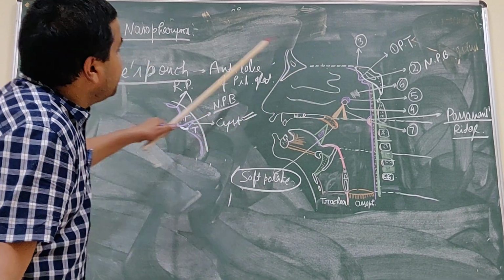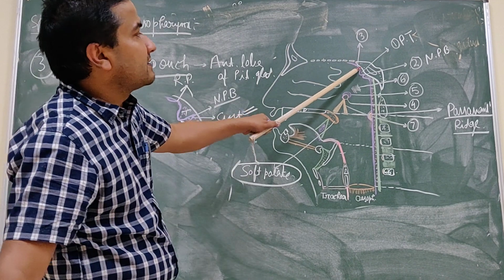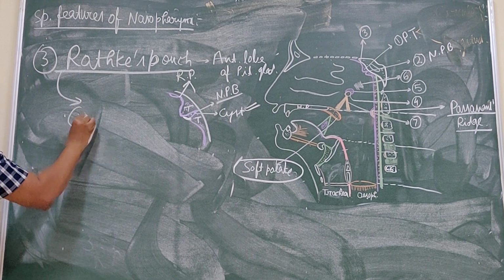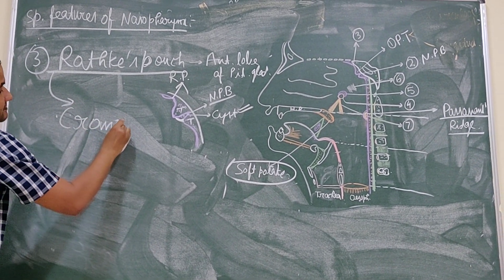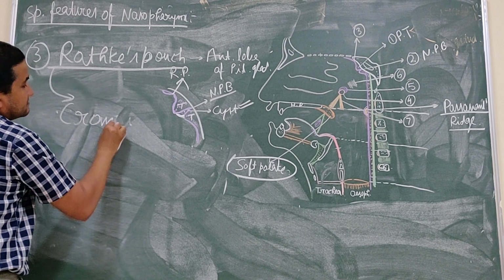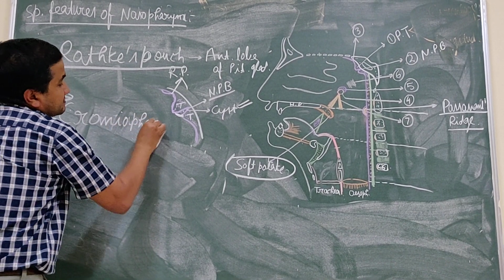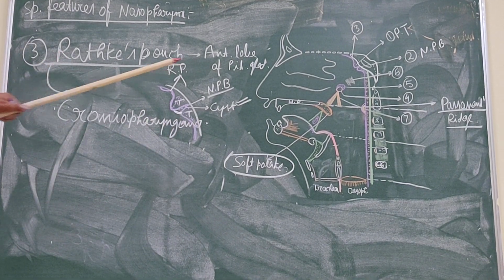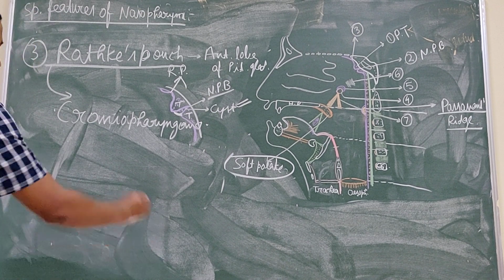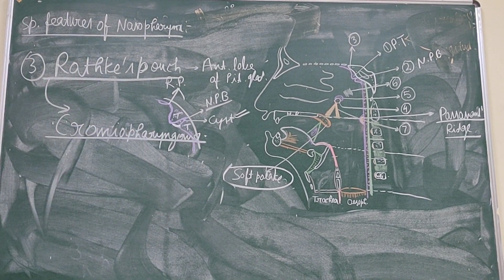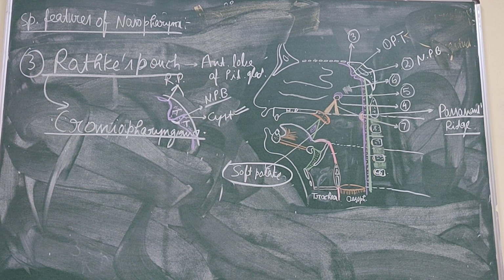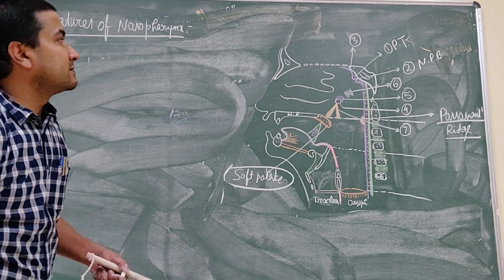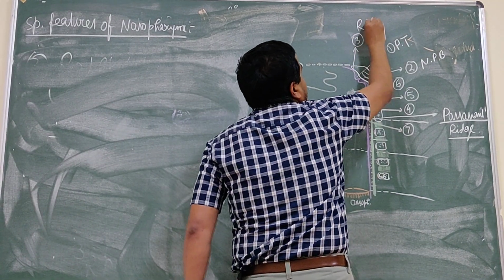If some tissue of the Rathke's pouch remains here, it leads to a benign tumor, the craniopharyngioma. This dimple, the Rathke's pouch, is the site of the craniopharyngioma.